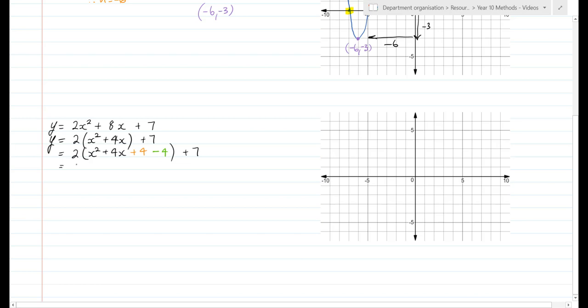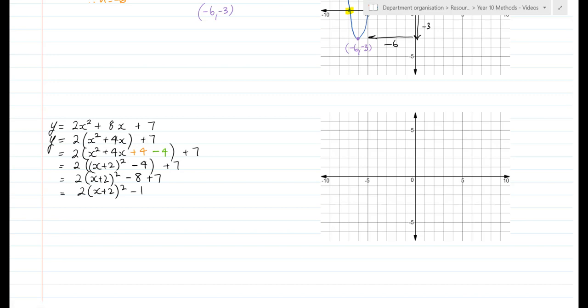And now I can write this down as 2(x plus 1) squared, and I've still got that minus 1 left over, plus 7. And now I can finish this question off, giving me 2(x plus 1) squared, and then that 2 times minus 1 gives me negative 2 plus 7, which is 2(x plus 1) squared plus 5.